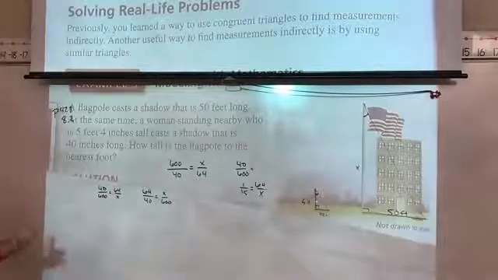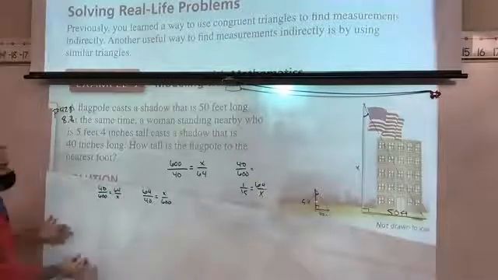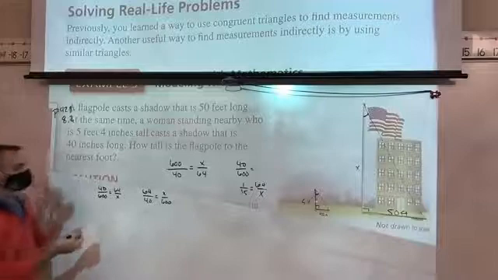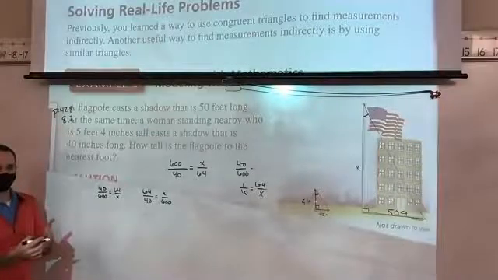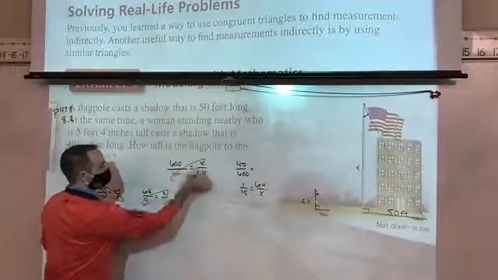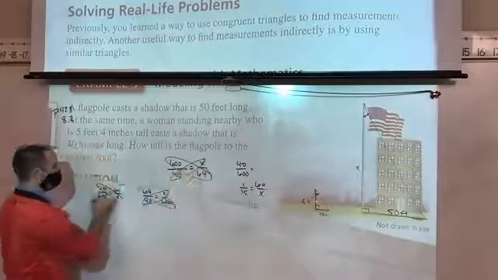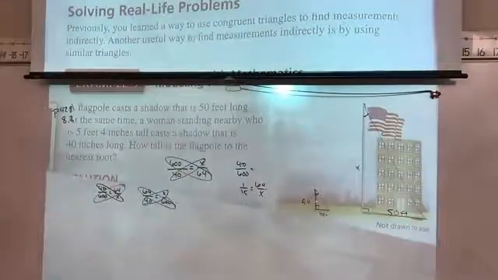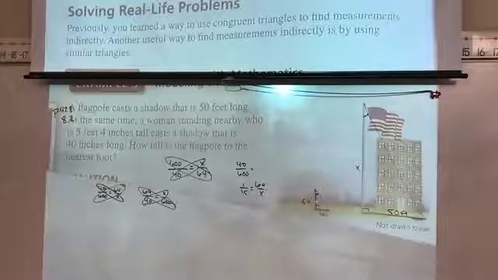And so all of these are gonna work, because if you look at all of them, when you cross multiply, you're gonna have 40 times X and then 64 times 600. So all of them represent the same thing. They set it up different ways. It still means the same thing.